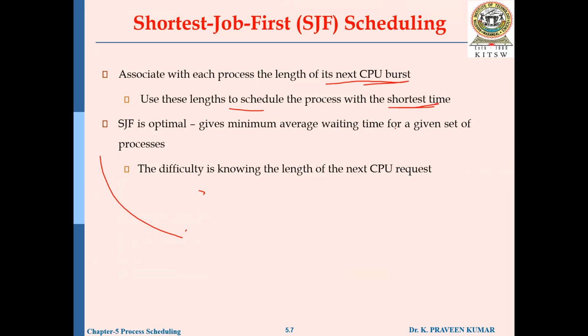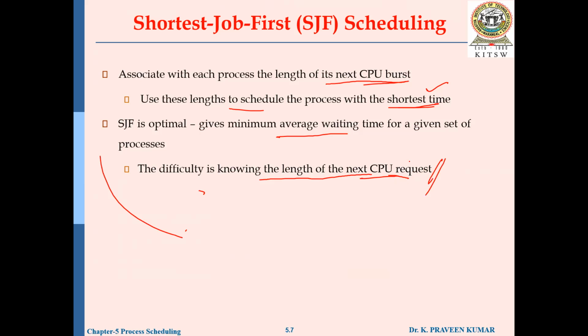Whichever process has the shortest time will be given first priority. SJF is optimal, giving minimum average waiting time compared to FCFS. But the drawback of SJF is that it is difficult to know the length of the next CPU request. This is always problematic.